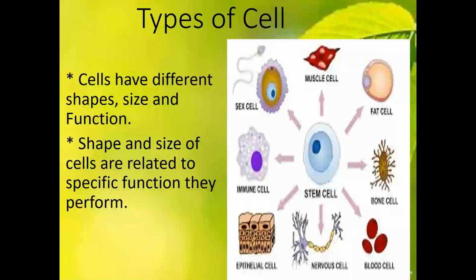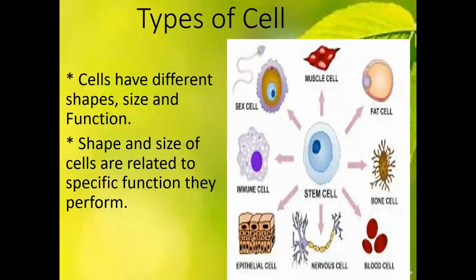Nerve cell has a star shaped body and is branched at the end. Blood cells appear like a biconcave lens. Bone cells are spherical in the center, branched at the ends. So there are different types of cells with different shape, size and structure.